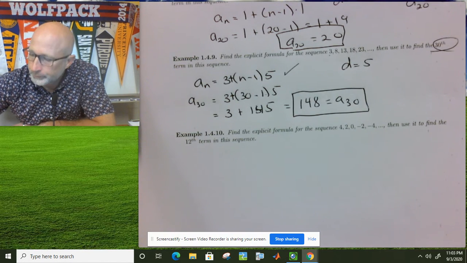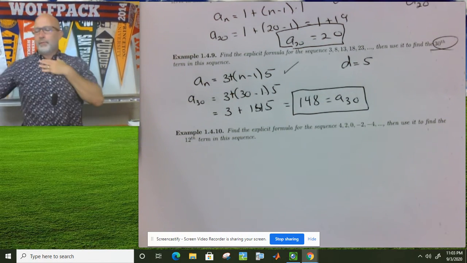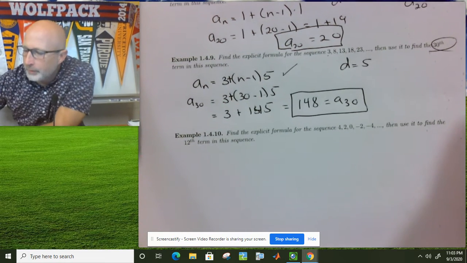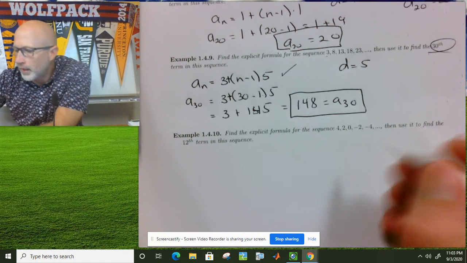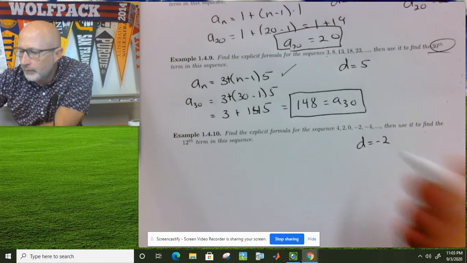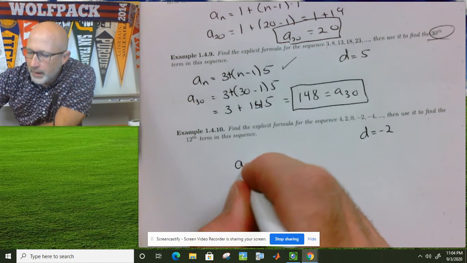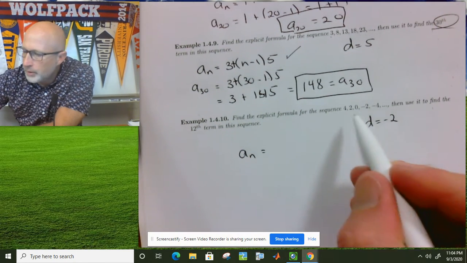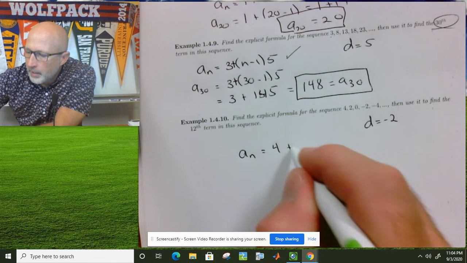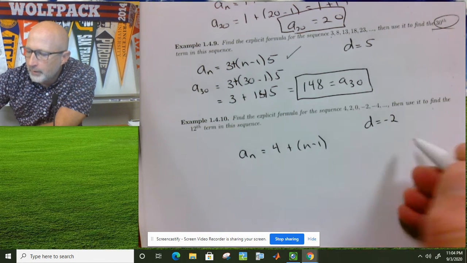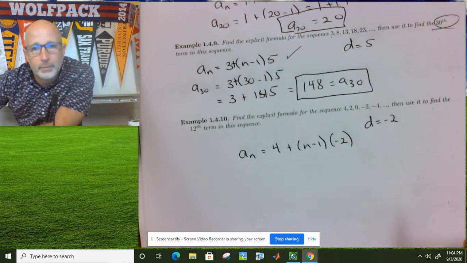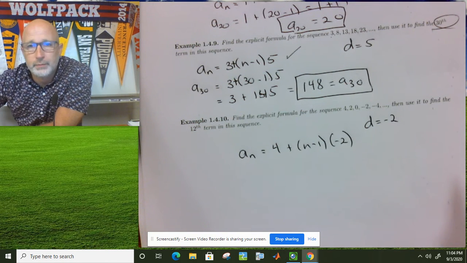Example 1.4.10. Find the explicit formula for the sequence 4, 2, and so on. We figured out that D is equal to negative 2. So we should have a of n is equal to a of 1, which is 4, plus n minus 1 times the common difference, which is negative 2. And there's your equation.